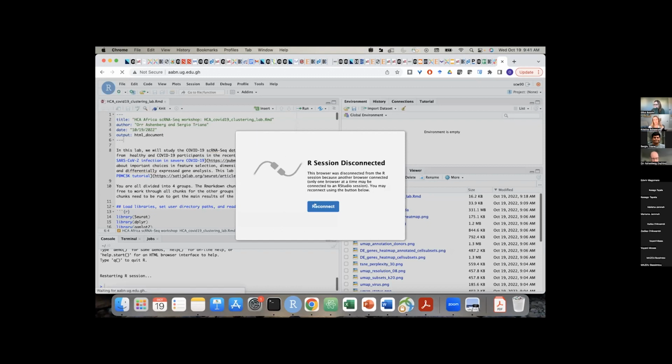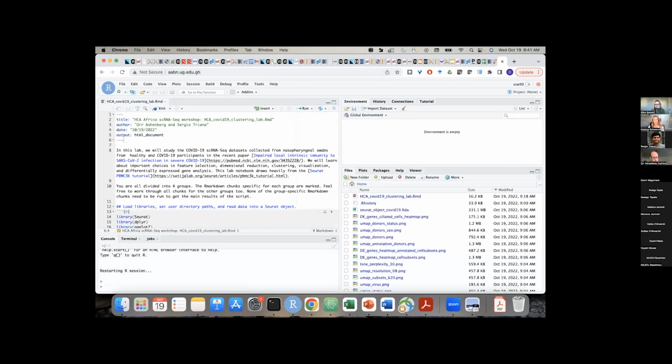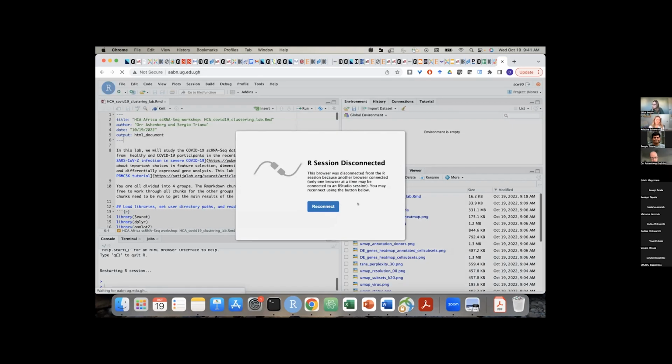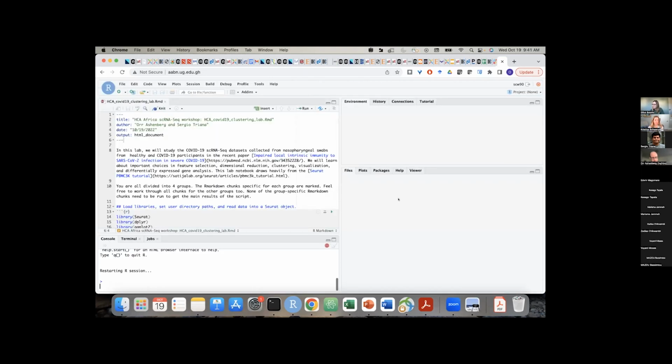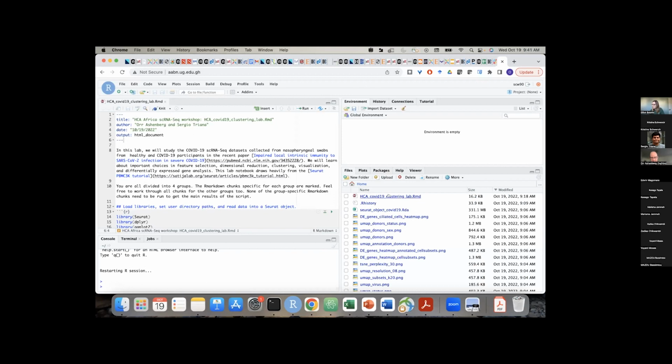So reconnect, log into RStudio, and then find the lab called HCA COVID-19 clustering lab.rmd. You can find that in the files tab by clicking on that script.